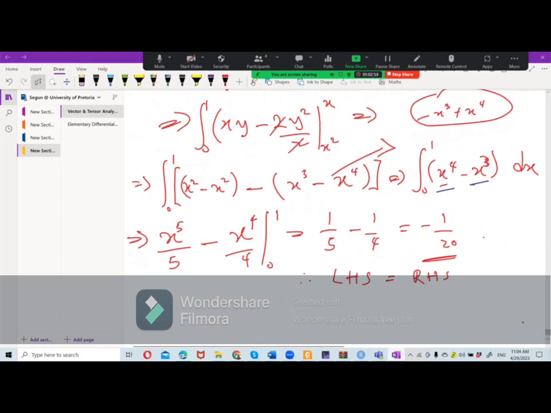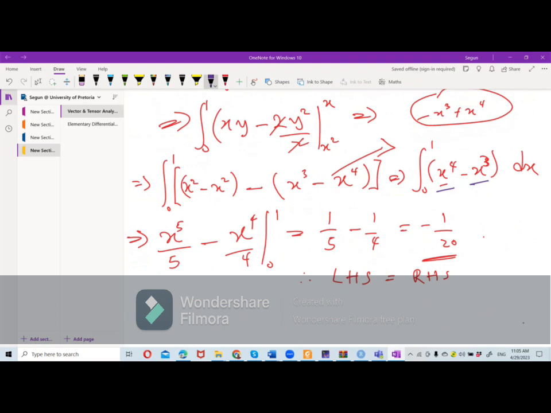So what I did is I opened the bracket. This will be minus, this will be plus. I just changed it, I put the positive in front and the negative at the back. It's still the same thing. If I put it the same way, I'll still have the same answer. So that was what I did.